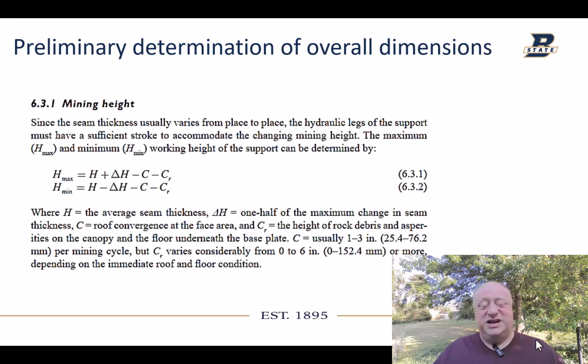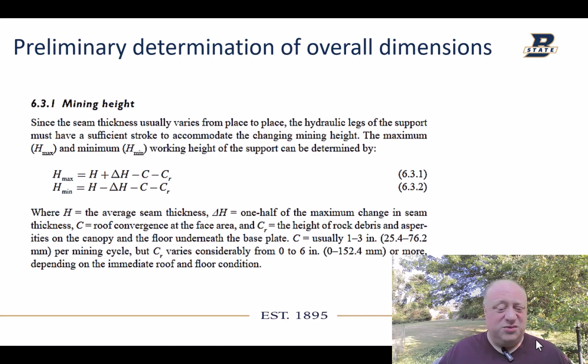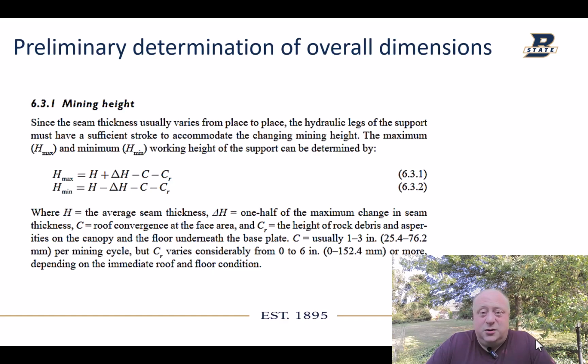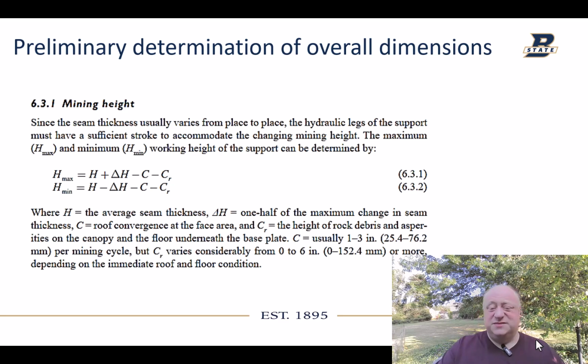And then C is the roof convergence at the face area, and C sub R is the height of rock debris in the floor which the base sits upon. Those numbers usually are 1 to 3 inches per mining cycle, but could be up to 6. So we add all those together, and we can get those two values.